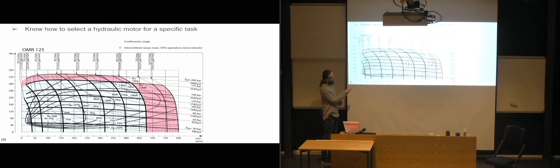We can look at what amount of power we're going to get from it. We have 1, 2, 4, 6, 10 kilowatts, 12 kilowatts even. And we can also see pressures on these lines. We can see flow rates on these lines. And we have RPMs down here, and we have the momentum going up here.